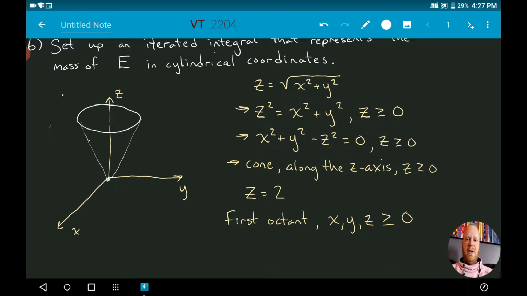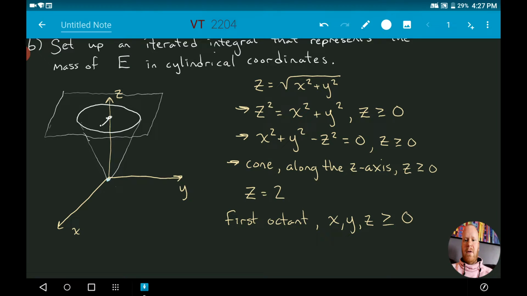by this plane z equals 2. So we can kind of imagine z equals 2 cutting that off right here at z equals 2. And then the last piece is that it's only in the first octant. So that means that we're only looking at positive values of x and y. Z, it's already positive.